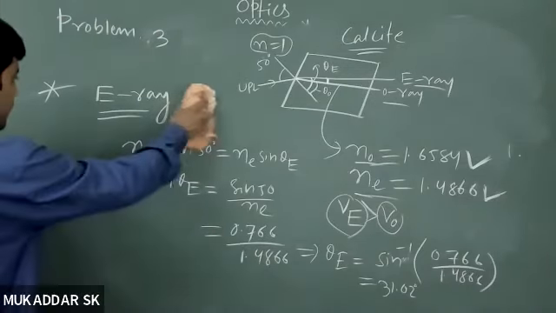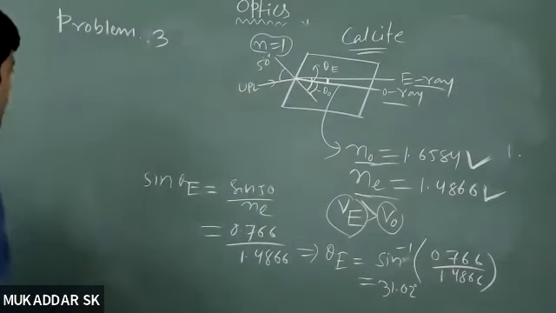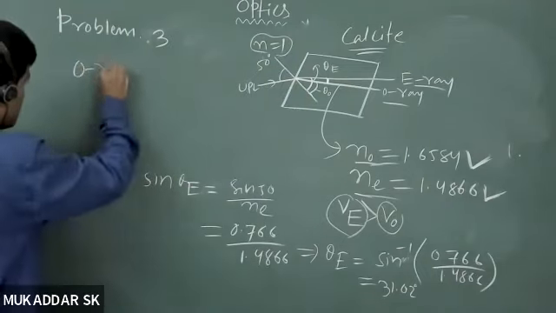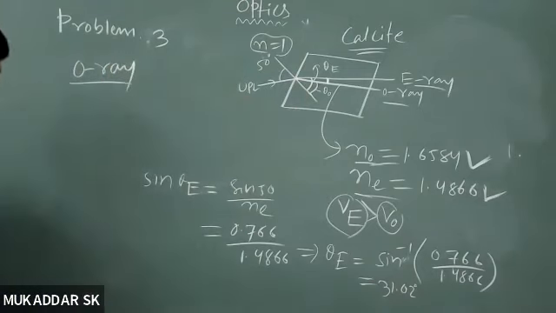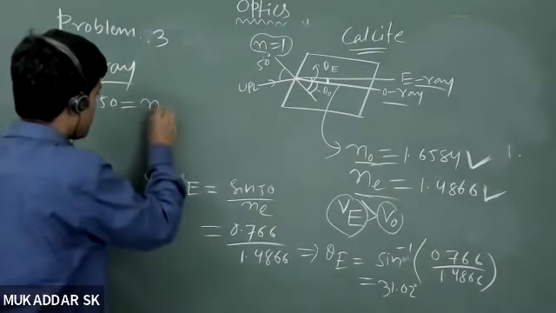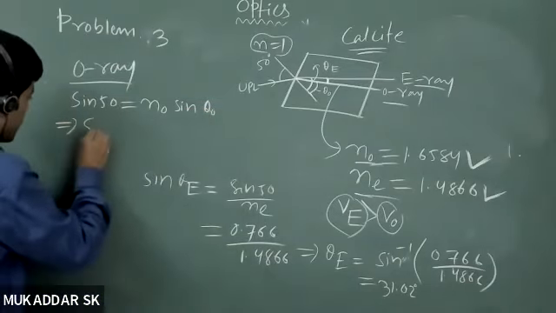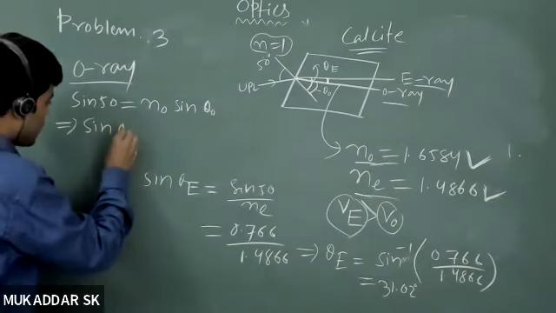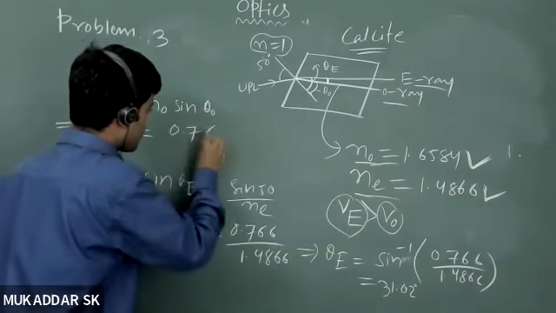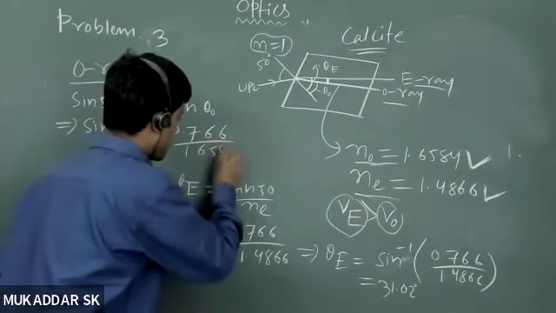Now you have to calculate angle of refraction theta O also, for O ray. Now if I apply Snell's law for O ray, what can I write? Sine 50 degree should be equal to n_o sine of theta O. It means sine of theta O should be equal to sine 50, that is 0.766 divided by n_o, that is 1.6584.